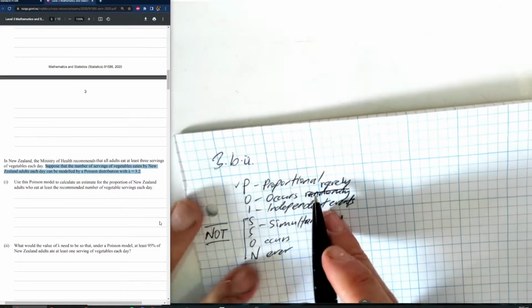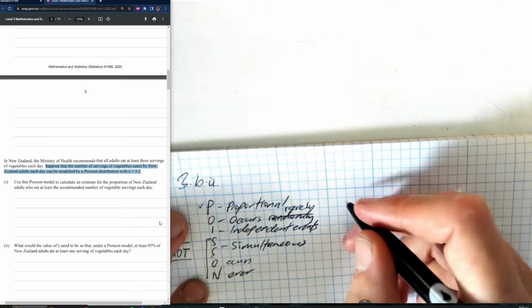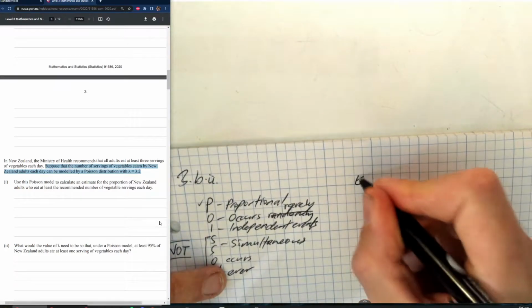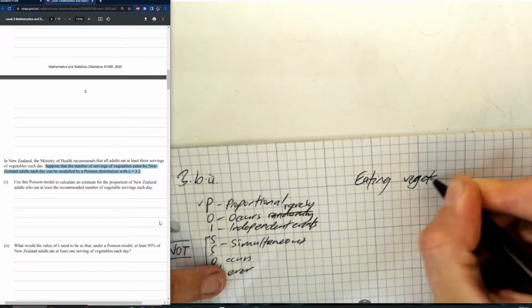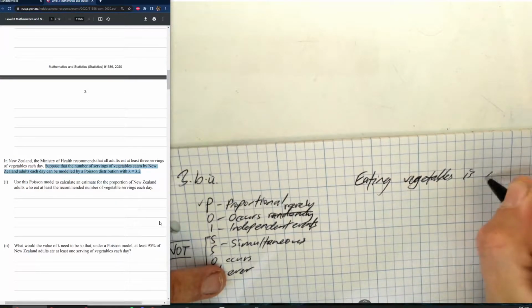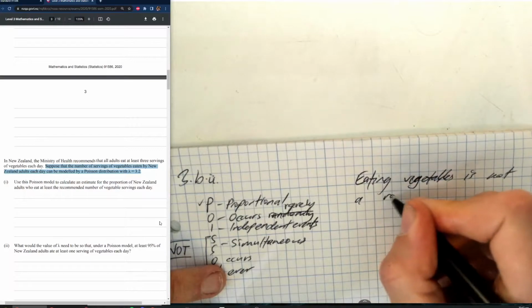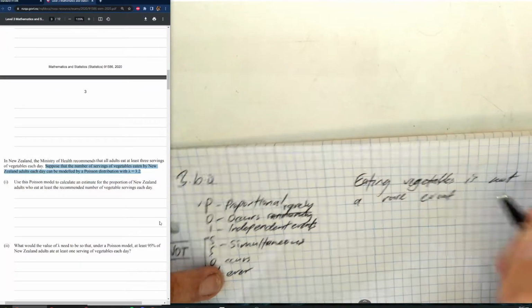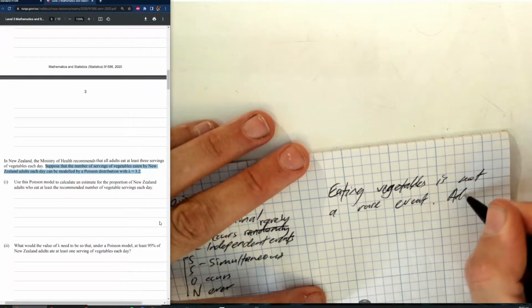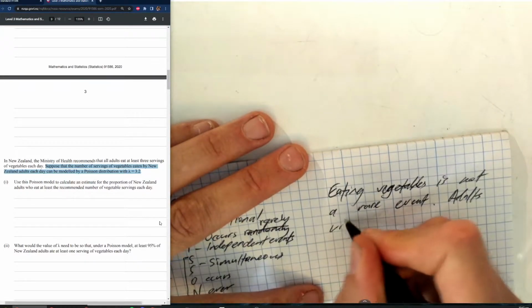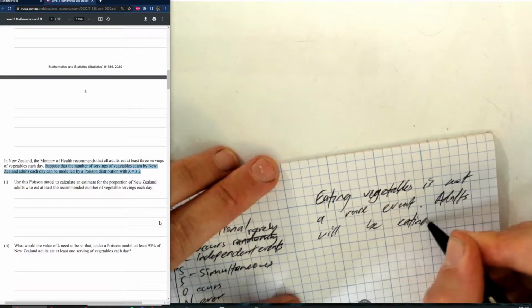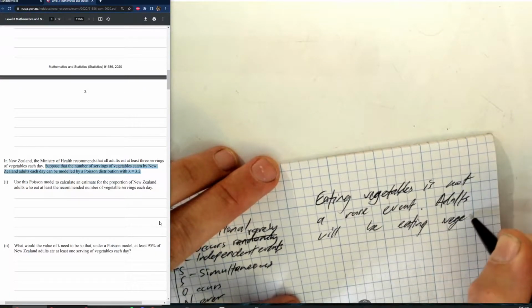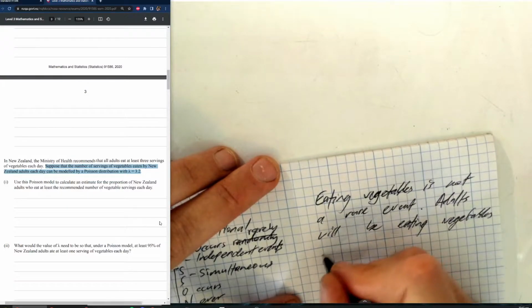Occurs rarely. So this is a really easy one to pick up on. Eating vegetables is not a rare event. Adults will be eating vegetables every day.